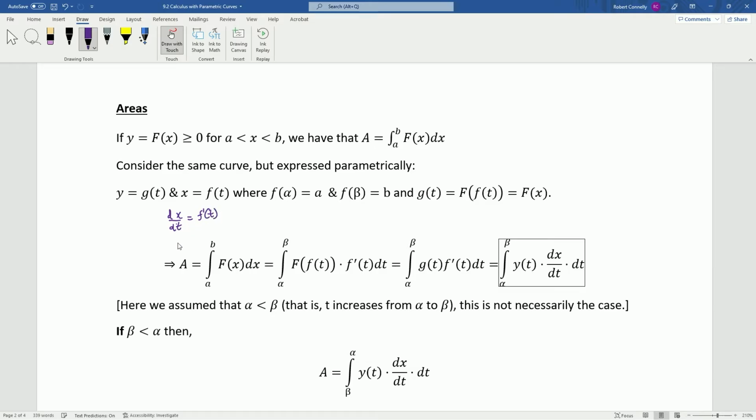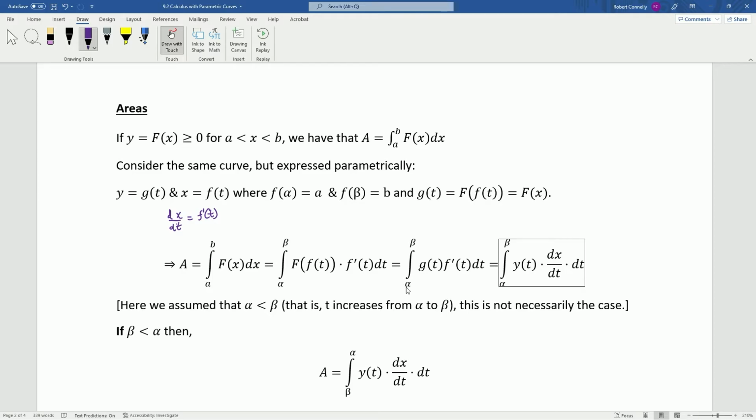So if I multiply dt across, I get dx equals f prime of t dt. So nothing crazy there. We've changed our bounds accordingly based on this substitution. And now we've re-expressed cap F of t as g of t. So that's identically what it was, right? We just are re-expressing it in our parametric notation.